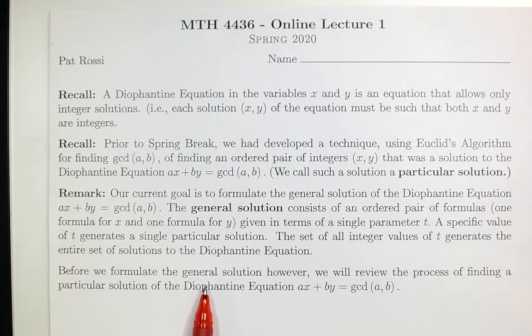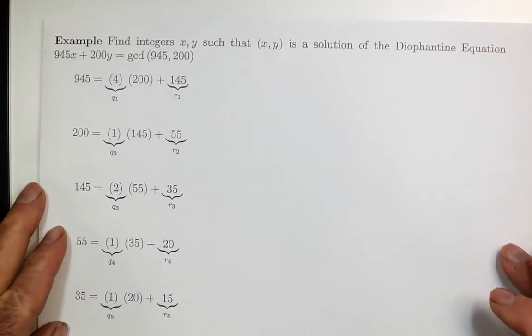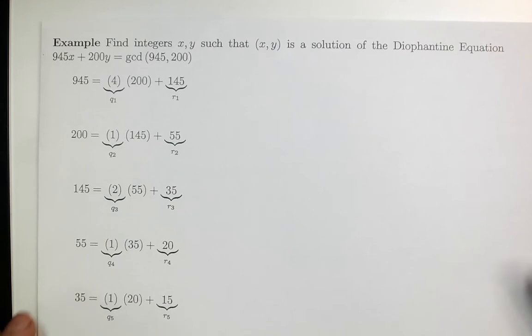Before we formulate the general solution, we'll review the process of finding a particular solution of the Diophantine equation ax plus by equals the greatest common divisor of a and b. And let's look at this example.